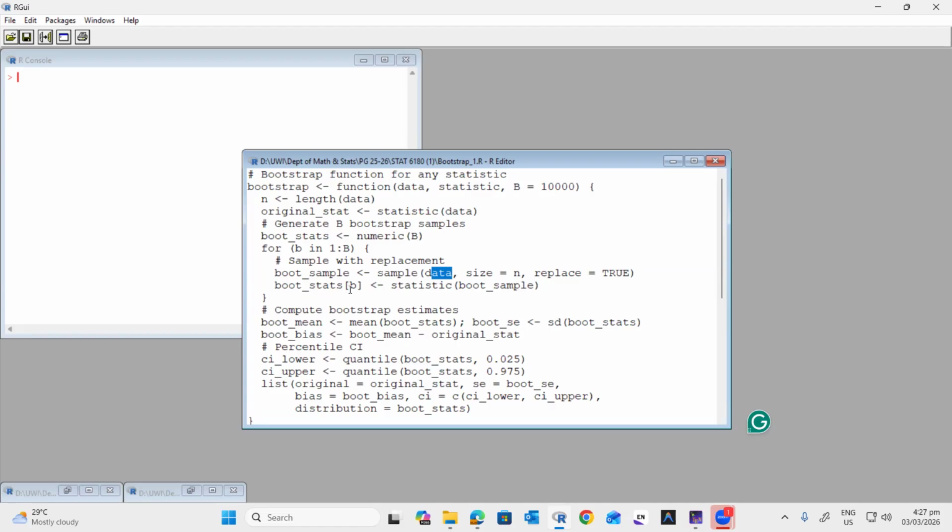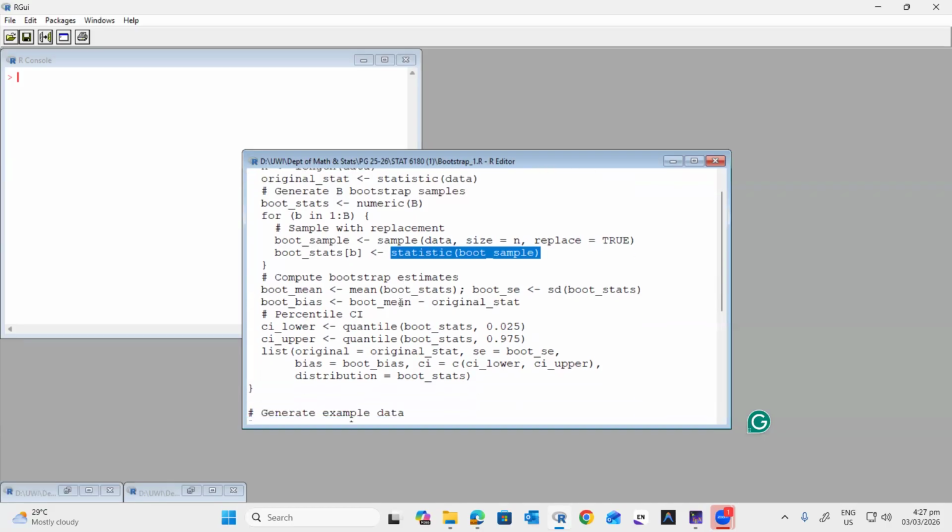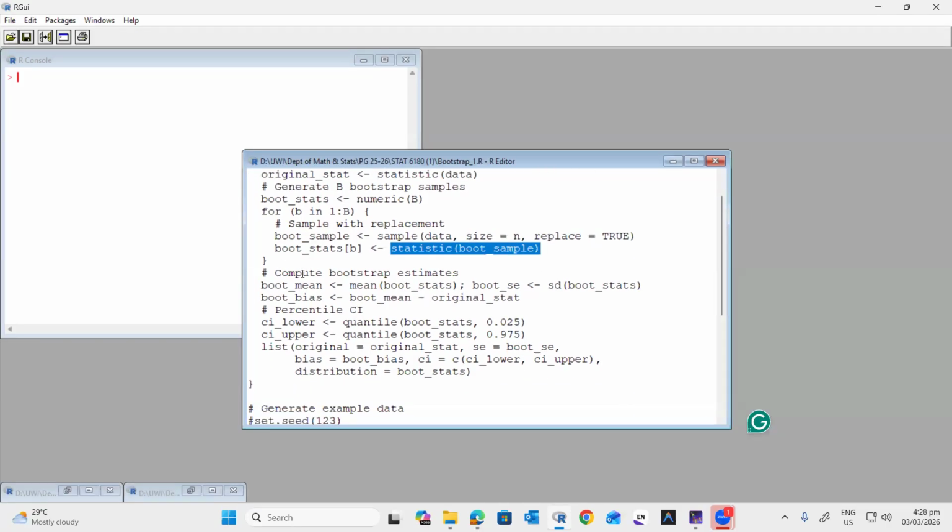In boot stat b, I'm going to store the statistic that I want to calculate, mean, median, whatever I want, and that should be stored here. After that, I'm going to compute the bootstrap estimates.